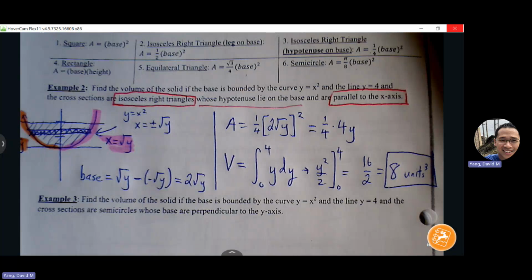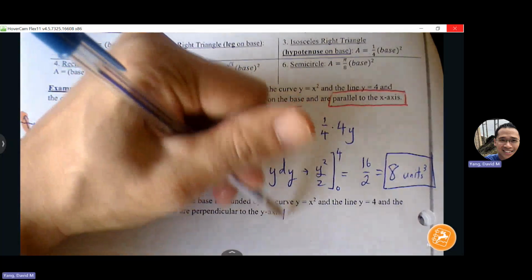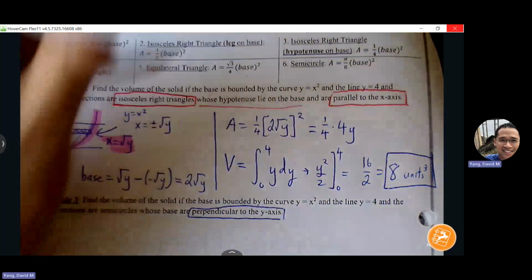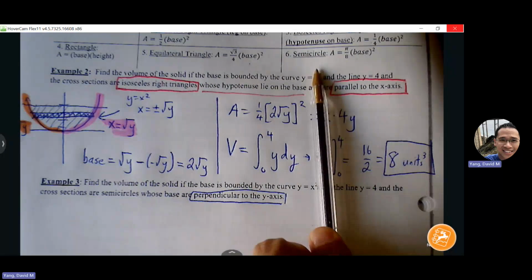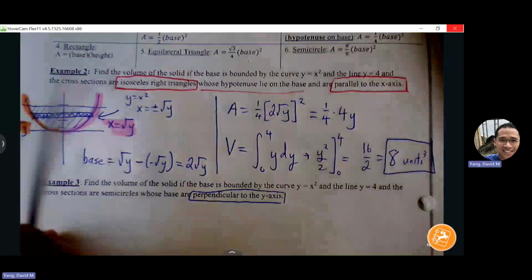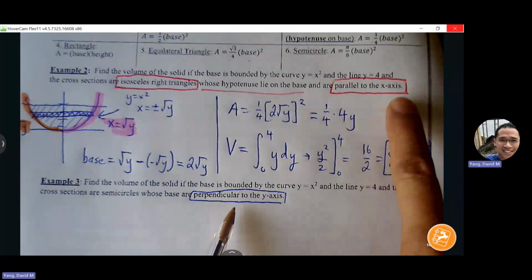Any questions here? Perpendicular to y-axis means parallel to x-axis, right? So perpendicular y-axis is vertical. So perpendicular must be in what? Horizontal. Yeah, so these mean the same thing.